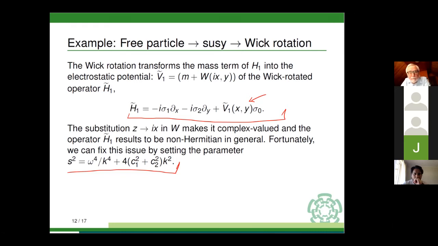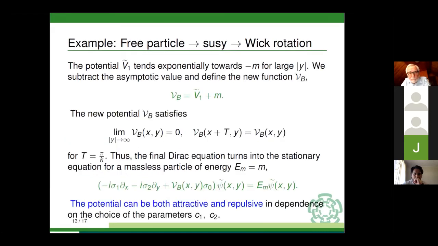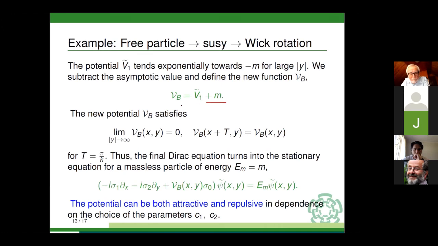Just a small adjustment to have a better presentation of this potential. We added a constant M to the potential, and this will be my final potential. Why? Because now the potential when y goes to infinity is equal to 0, something similar to the free particle.